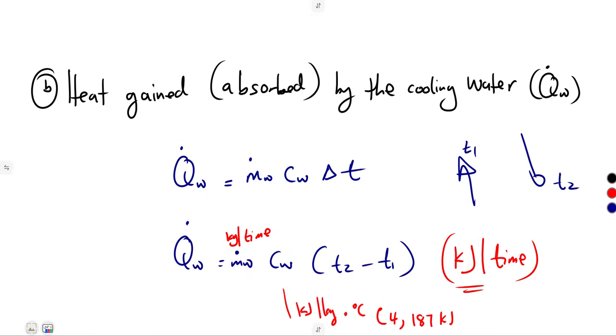They can give you a rounded off value like 4.2, or 4.19, or any other value. But when it is not given, you take 4.187. Then T1, we saw this from our diagrams, guys, is the water temperature at the inlet, and T2 is at the outlet. These are temperatures of the cooling water.